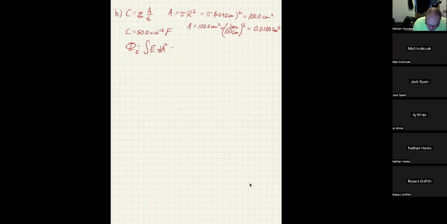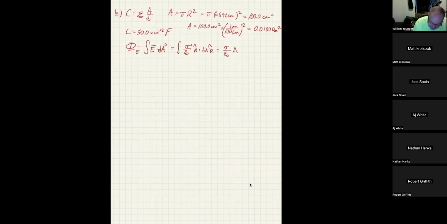It's going to be equal to the integral of sigma over epsilon naught in the k hat direction, dotted with dA in the k hat direction, which obviously gives us sigma over epsilon naught times A. So that's what the flux is.